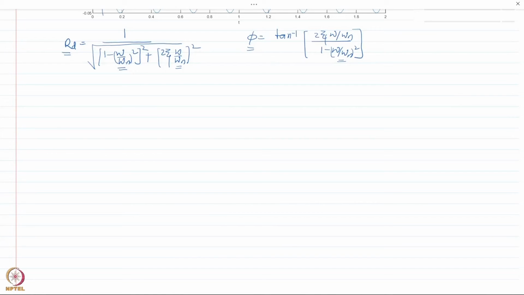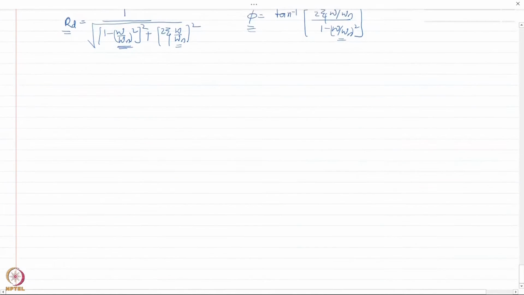Well, RD represents the amplification or reduction in the response due to the dynamic behavior of the structure, or due to the frequency ratio. So if I know that, then I could design my system to have a response within a certain level, amplification or reduction within a certain level, and similarly for the phase. So let us see how this one looks.